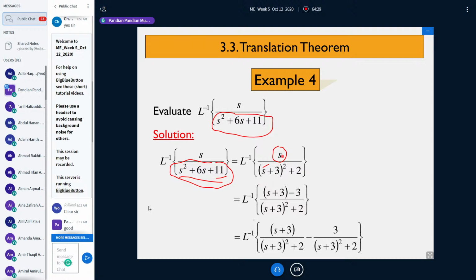But this is already S. So if you look at the table, Laplace transform, if you look at the table 3.1, in the table, you see Laplace of cos kt.